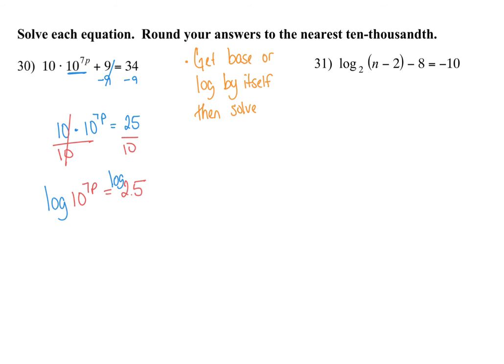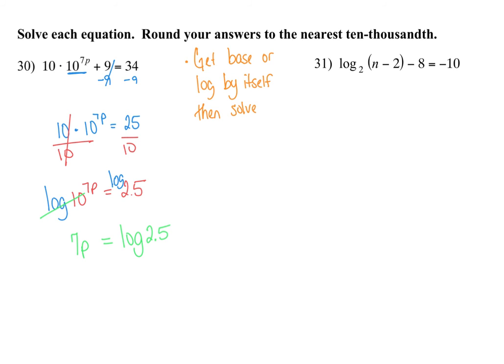Whatever you do to one equation, you have to do to the other side of the equation. What's nice about this one is bases cancel out bases, meaning this log base 10 and this exponent base 10 will cancel each other out, and I am left with just the exponent. On the right-hand side, I have this number here, which I'm going to leave alone for right now, just as log of 2.5.